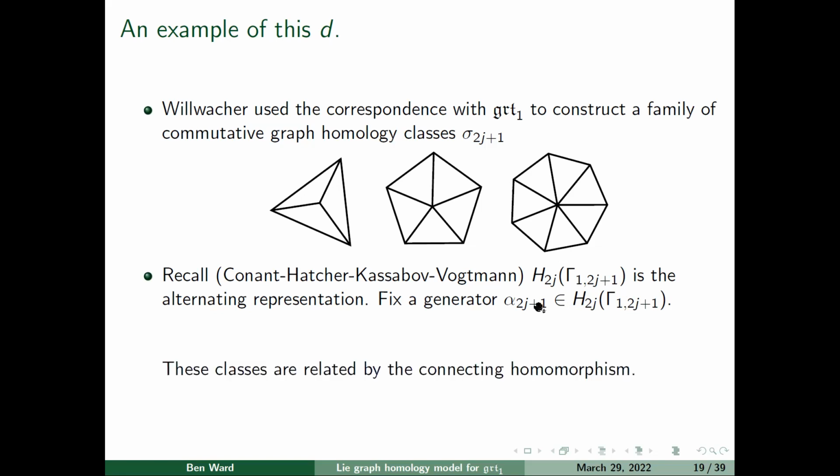Okay, and I'd like to claim that these classes are related by the connecting homomorphism of the associated long exact sequence. Well, you see, formally they're indexed the same way, but this has genus 1 and this has high genus 2g plus 1. So I have to say what precisely is the relation.